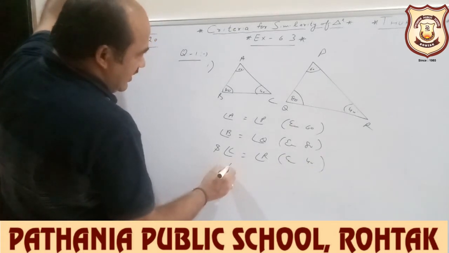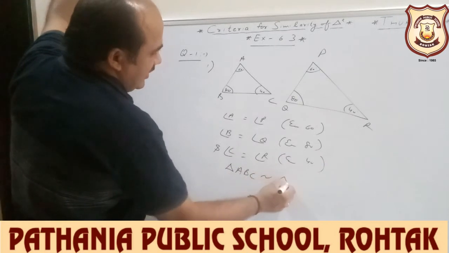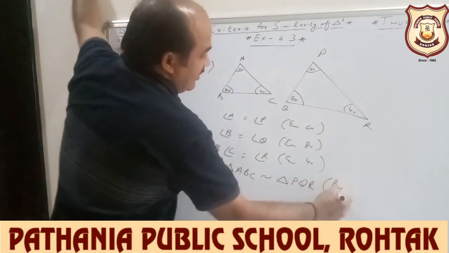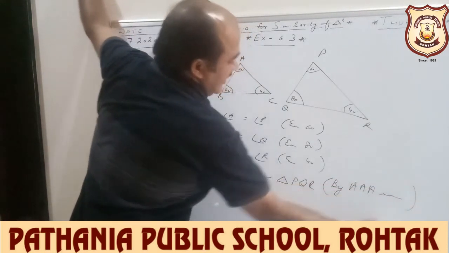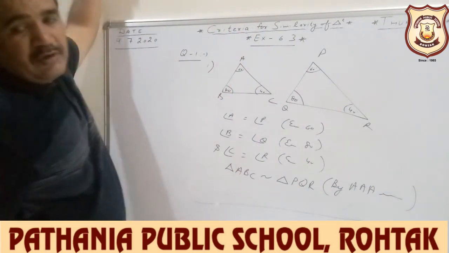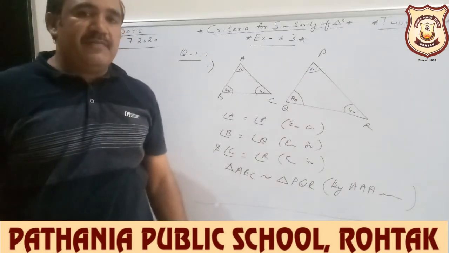Therefore triangle ABC is similar to triangle PQR by AAA similarity criteria. Like this, you will prove the remaining parts of question number 1.